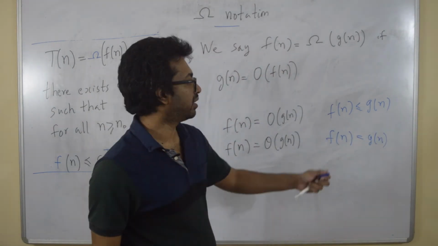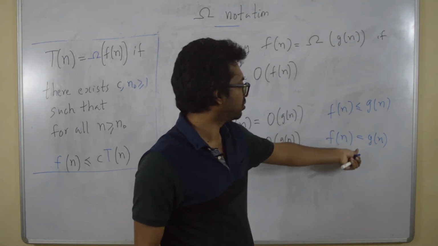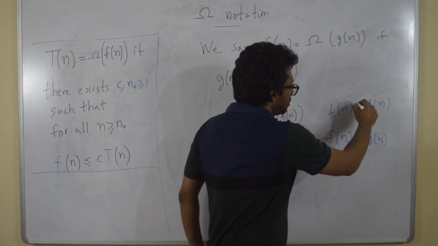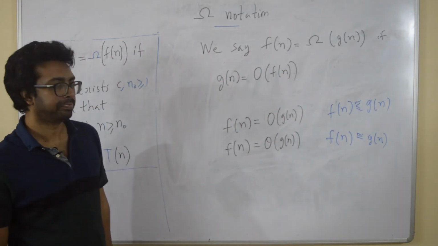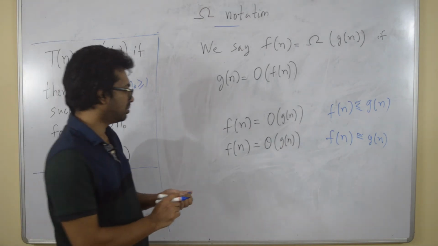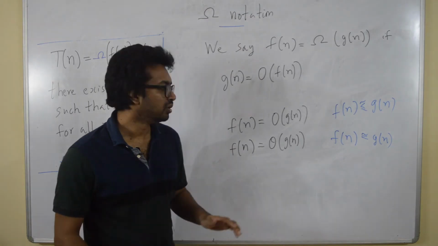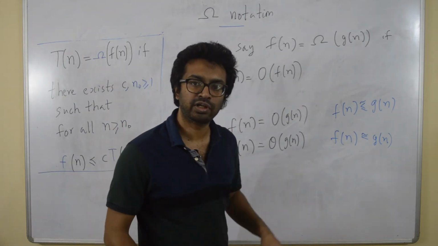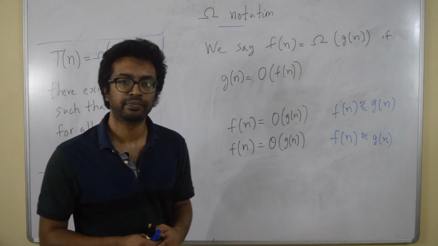To clarify, this is not exactly less than or equal to or equal to, this is kind of. You know this definition. So if f of n is equal to theta of g of n, we view it as f of n is equal to g of n.